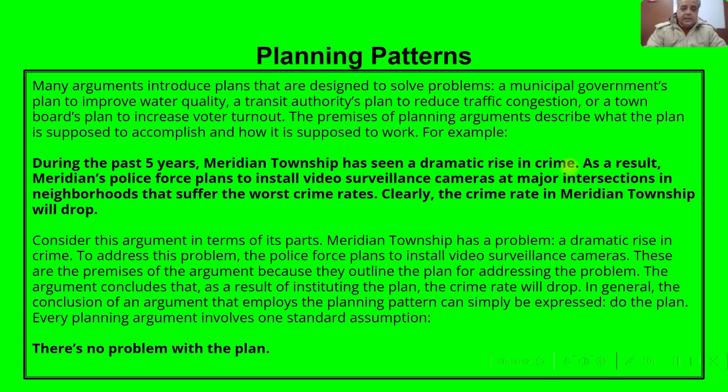They are helpless before the crimes. So the Meridian police force decide that they make a plan that they will install video surveillance cameras at major intersections in the neighborhoods that suffer the worst crime rates. And on the basis of this plan, they conclude that the crime rate in Meridian Township will drop.